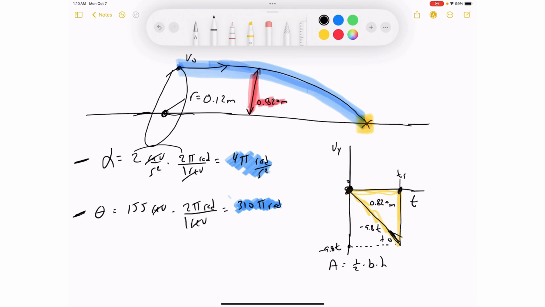I know the area, it's already here: 0.820. Then one half times the base, which is t, and then times the height, which is actually negative 9.8 t. Now, if you look at this, there's a positive on the left and a negative on the right, so you're going to end up with a negative, and we're looking for time here.